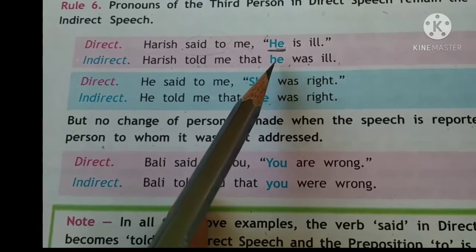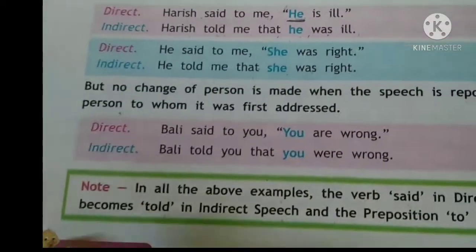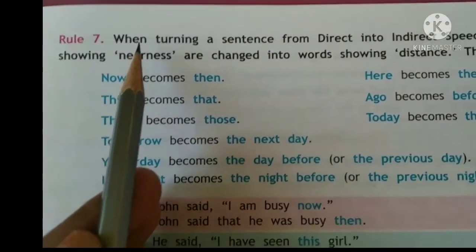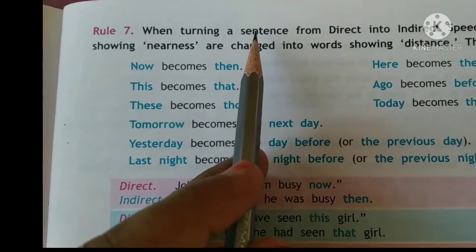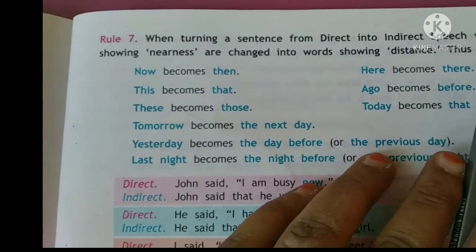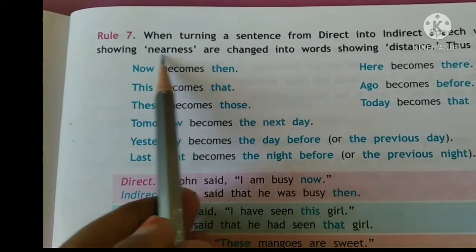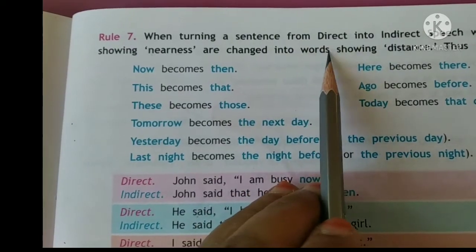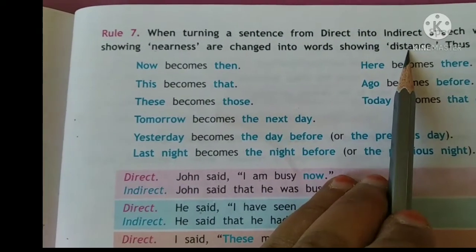It remains the same. So today we learn the seventh rule, that is, when turning a sentence from direct into indirect speech, words showing nearness are changed into words showing distance.